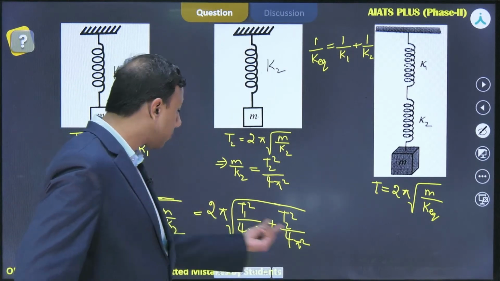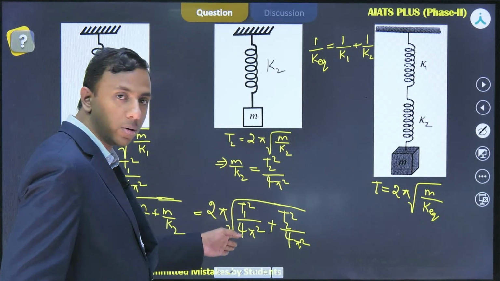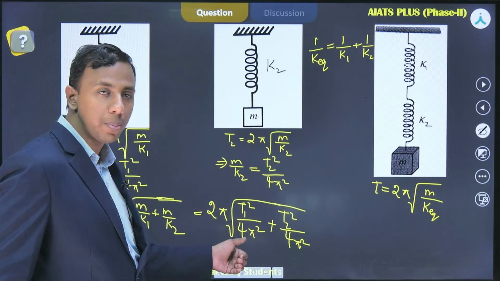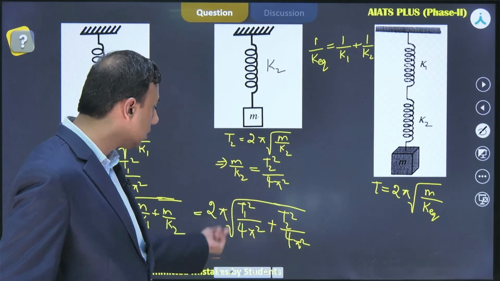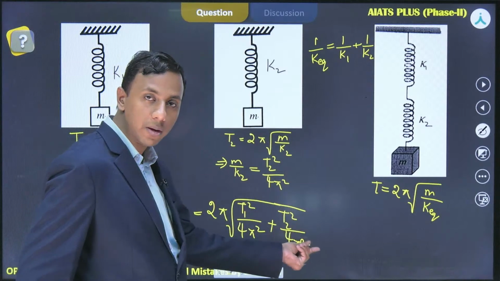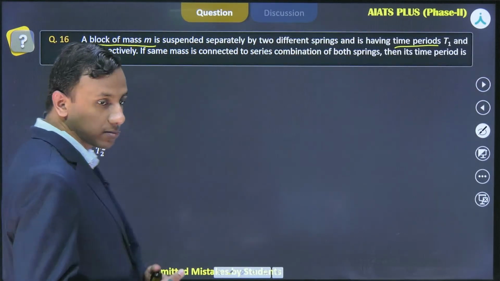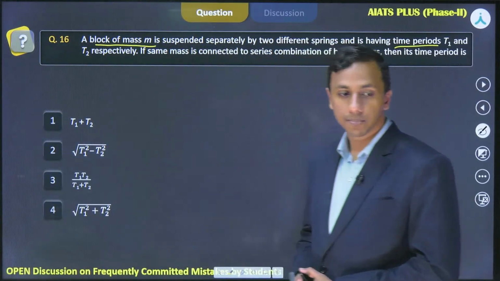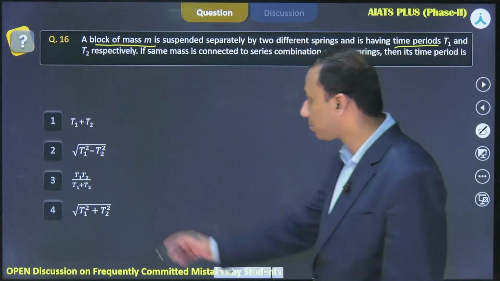Now 1 by 4 pi square, you can take it as common outside the square root, and outside it will become 1 by 2 pi. The 2 pi will get cancelled. So what will remain over here? Under root T1 square plus T2 square, right? So which option would it be equal to? What would be the correct answer?